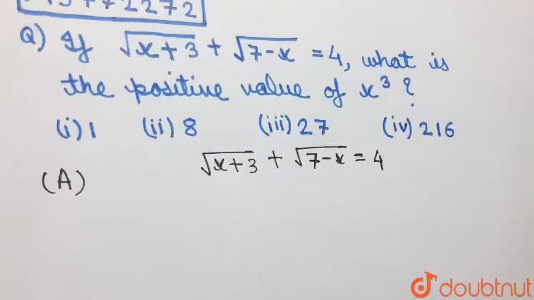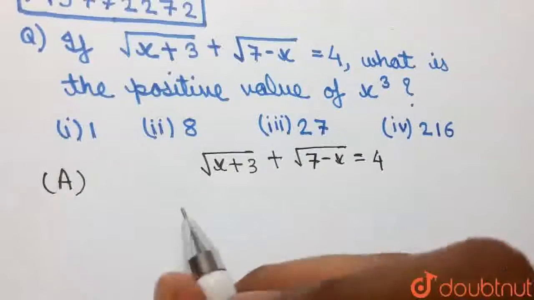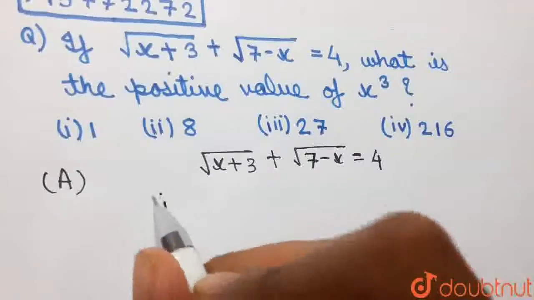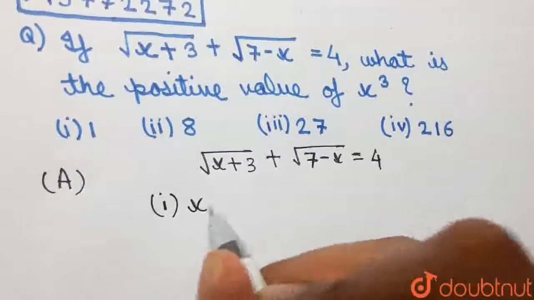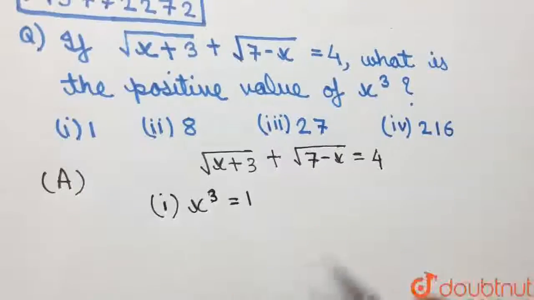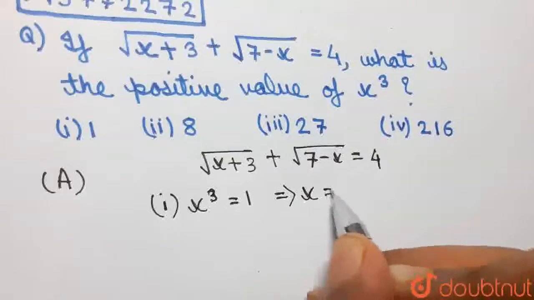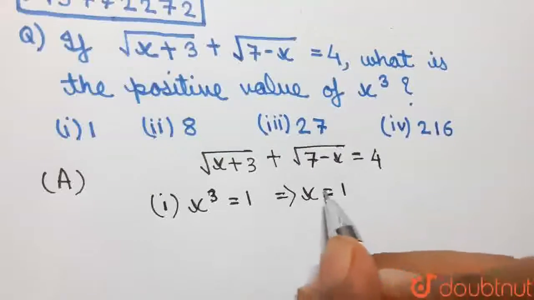So starting off with option number 1, if option number 1 is correct, then x cube should be equal to 1, and in this case the value of x will be equal to 1, because cube root of 1 is 1.